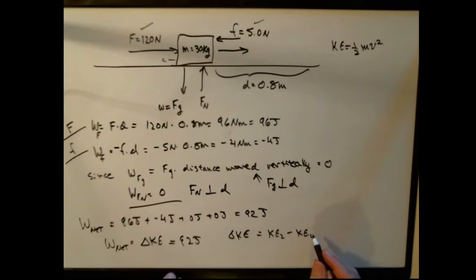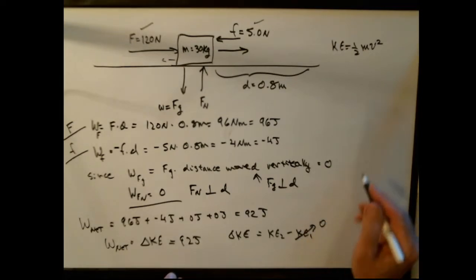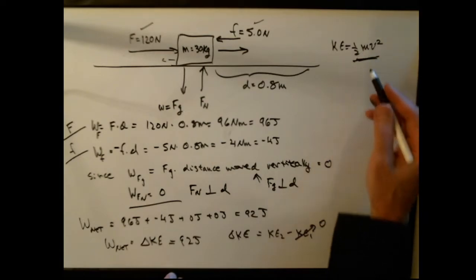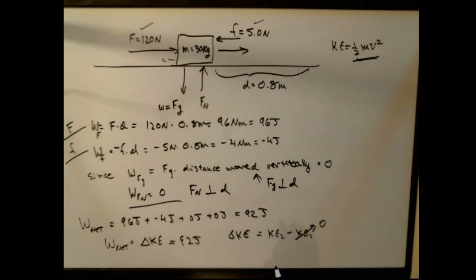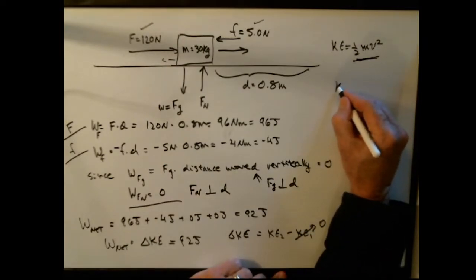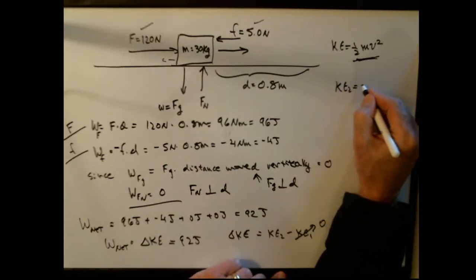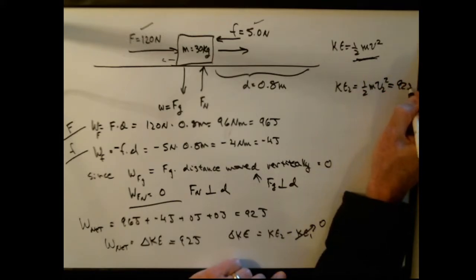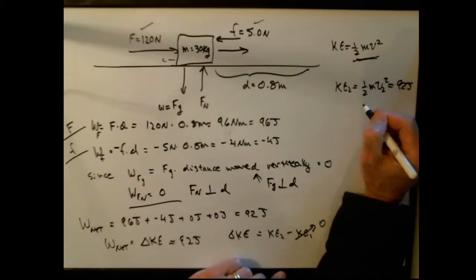But if the box started from rest, this guy is 0, because kinetic energy is 1/2 mv squared, and v is 0. The whole thing is 0. And this just says that the final kinetic energy is equal to the change in kinetic energy of the box, so KE2, which is 1/2 mv2 squared, is 92 joules.